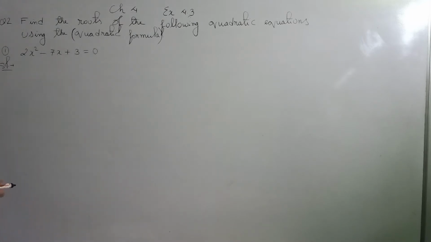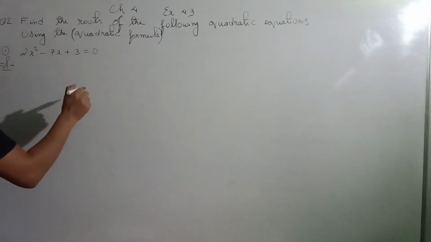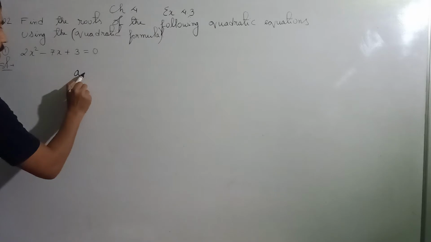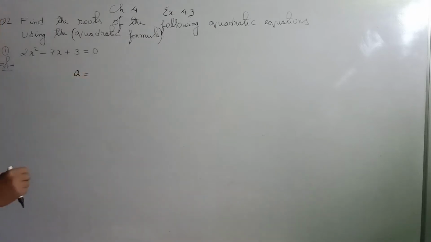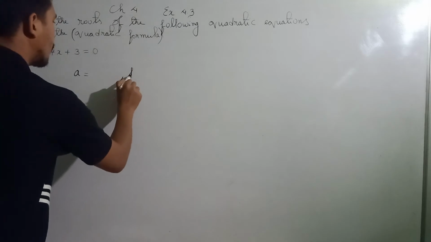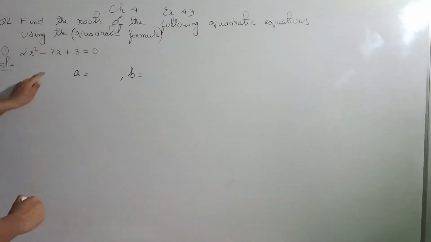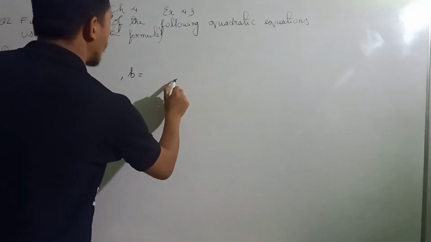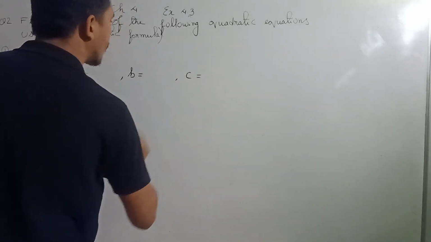In the quadratic formula, the coefficient of x square is taken as a. A denotes the coefficient of x square. B denotes the coefficient of x. And C denotes your constant term.